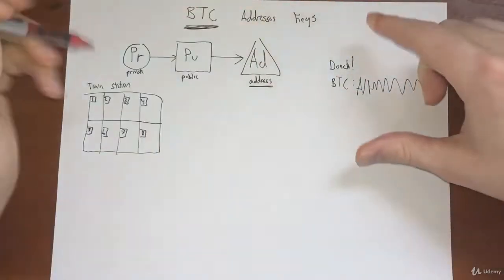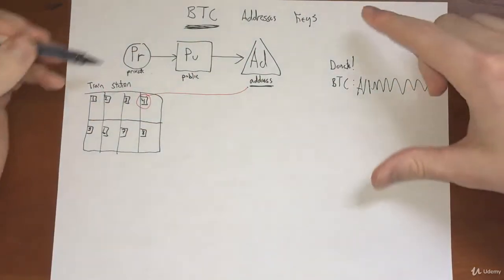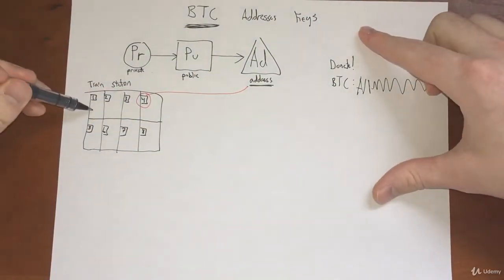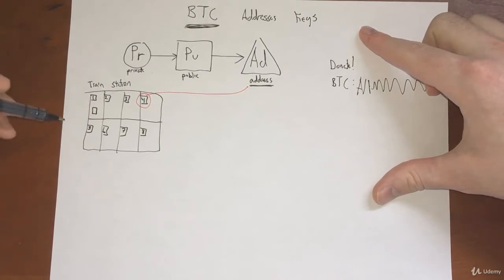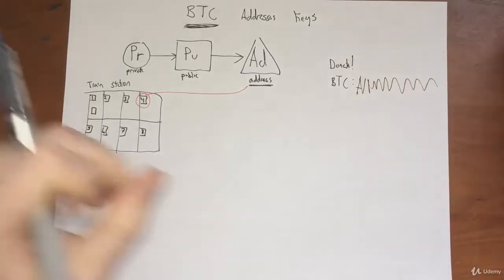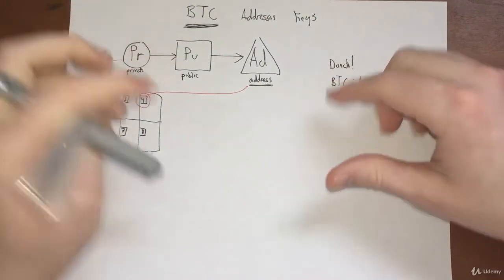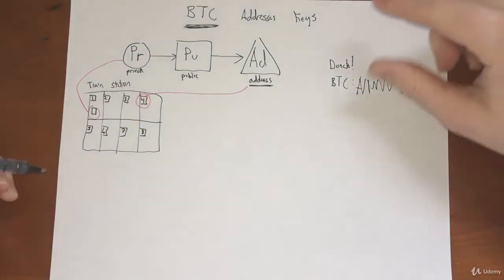The private key is the password that you use to get in here. And the public key is sort of an intermediary.